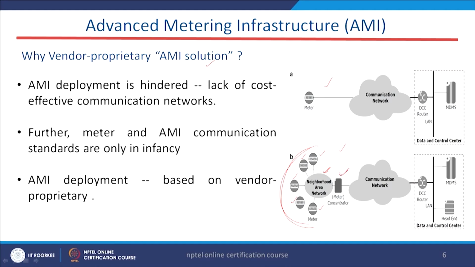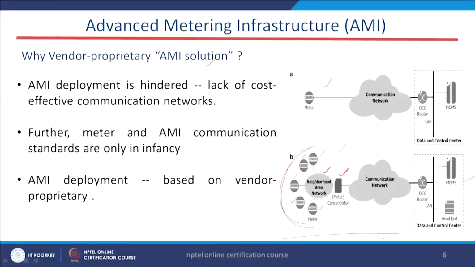And again the output of this meter concentrator is sent to the MDMS, or through this DCC router, through a LAN. LAN means local area network. This is also one of the communication technologies used in the distribution system.